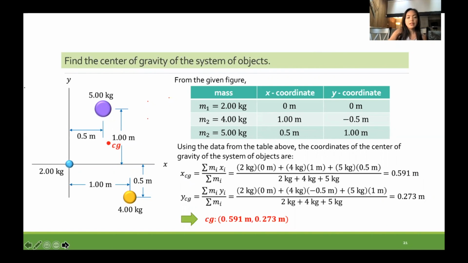It's at 0.591 along the x-axis, and a positive 0.273 along the y-axis. This is the center of gravity.